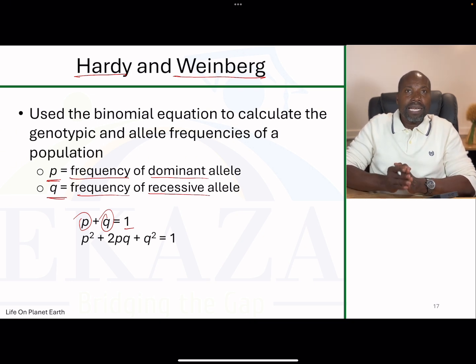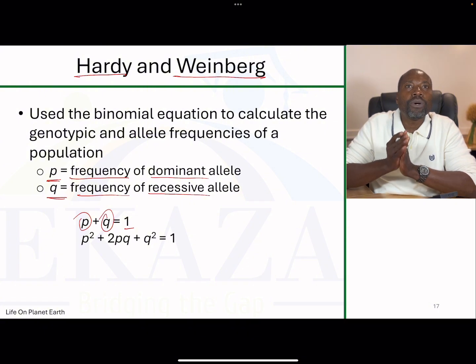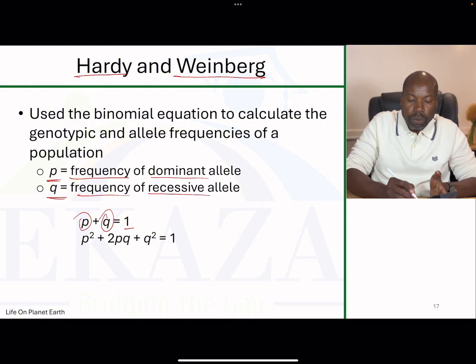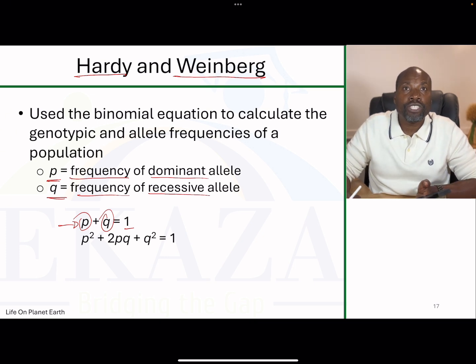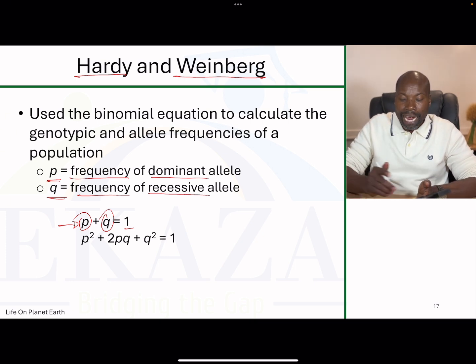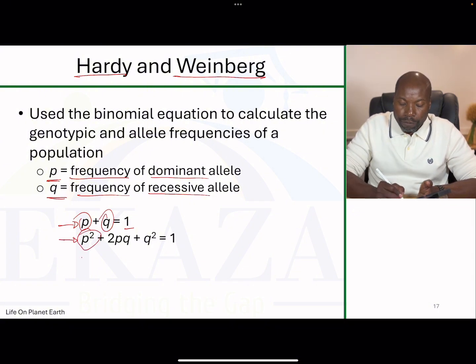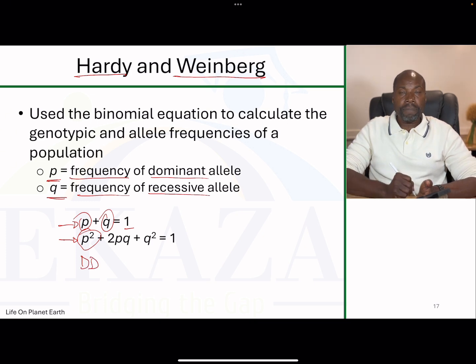But now, let's take a look at the genotype. So here we were taking a look at the frequency of allele. Now let's take a look at the frequency of genotype. So the genotypes are going to be here: P squared, that would be, for instance, in the previous case, capital D, that's a genotype for this individual.